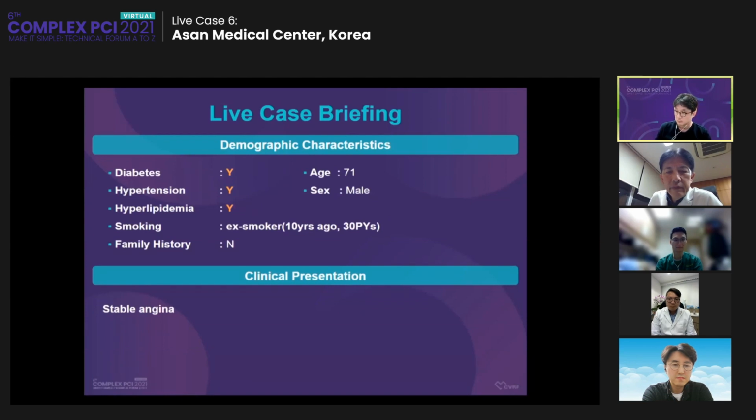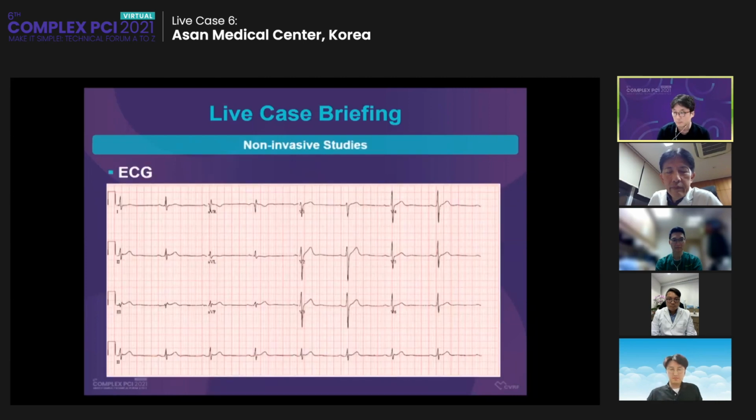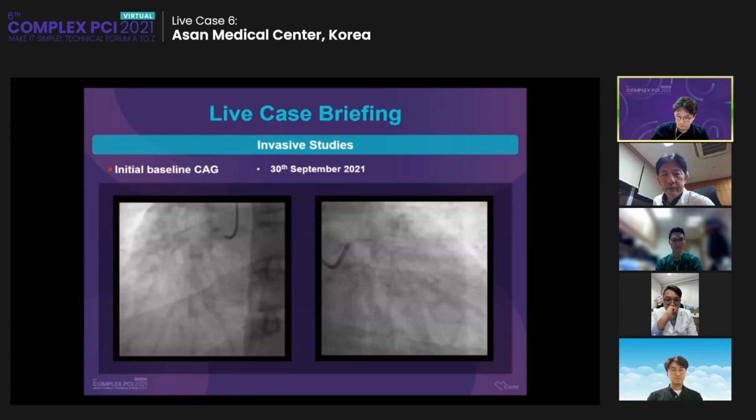He's an ex-smoker. His chest PA and ECG are unremarkable, and echocardiography showed no regional wall motion abnormality, which means that the territory of the CTO, the myocardium, is still viable.